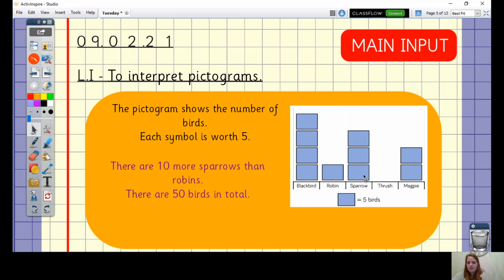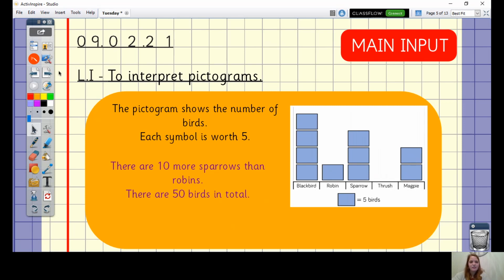Now I'm going to count the sparrow, because that's the next highest amount: 25, 30, 35. And then I'm going to count my robin. Now I'm going to count my magpie: 40, 45, and then finally the robin, 50. Okay, so there are 50 birds in total, remembering that each symbol is worth 5.